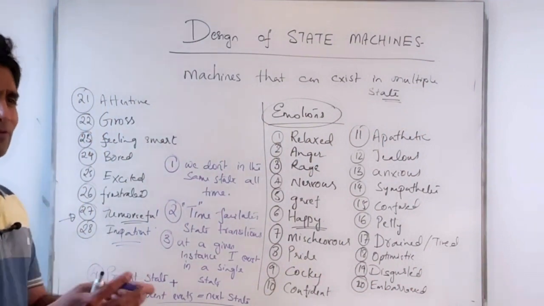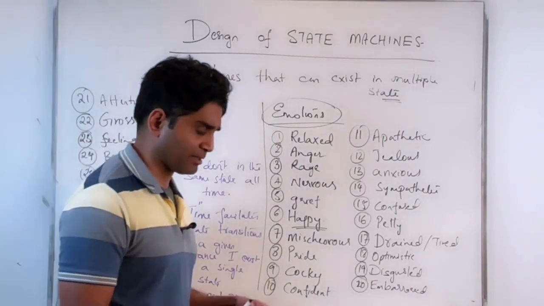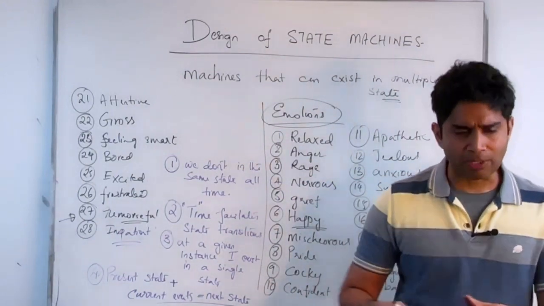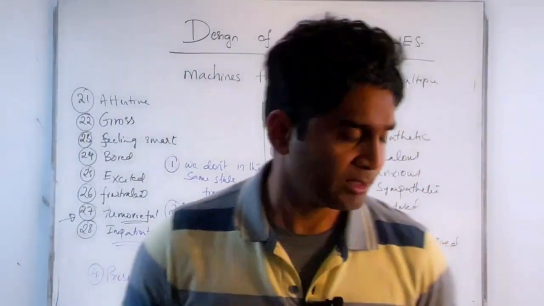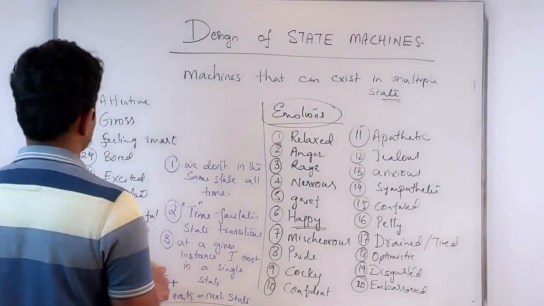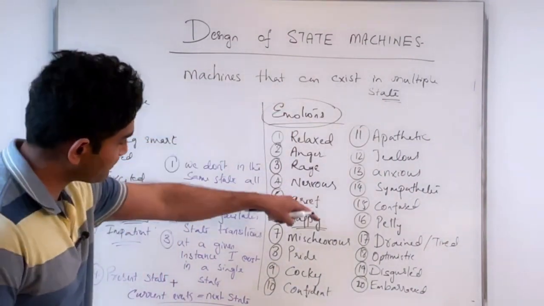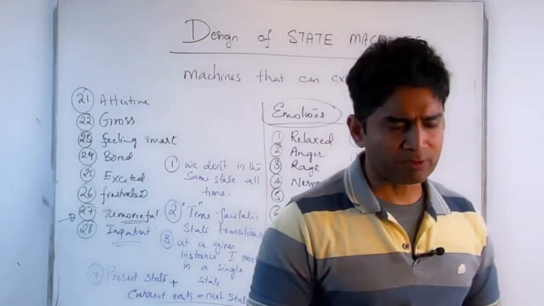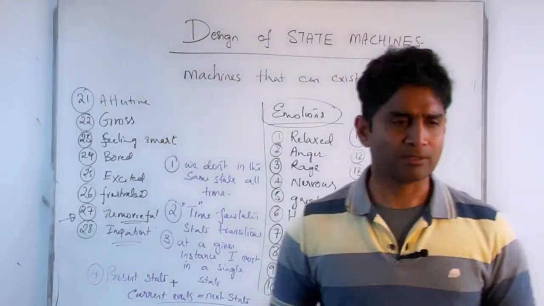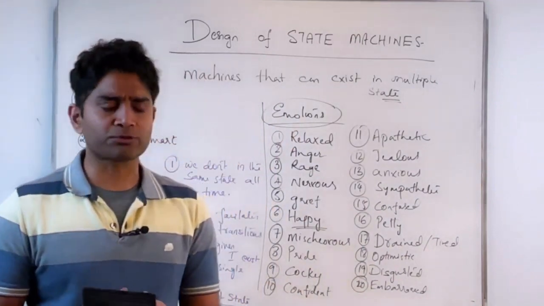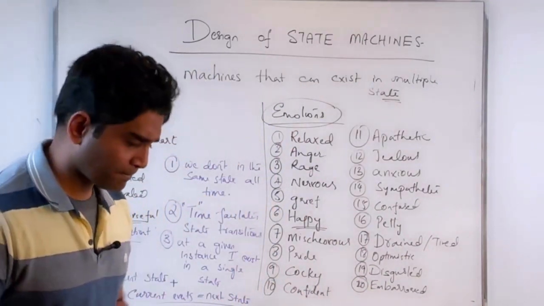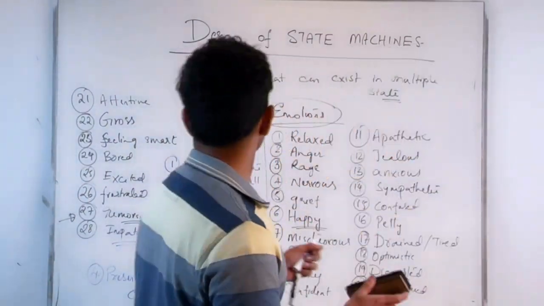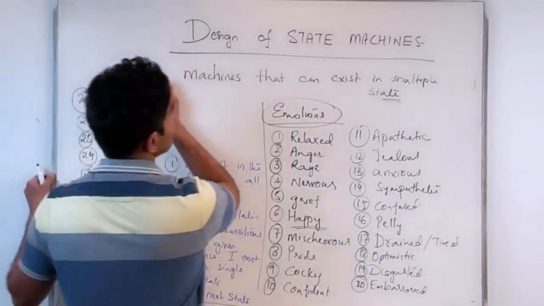But if I want to simplify everything and put it down as a snapshot in the form of a state diagram, I would do it this way. From the states that we have identified, I would choose 5 of the most important states, the ones we associate with most commonly, and use that to draw my diagram. Okay, so let's do that.